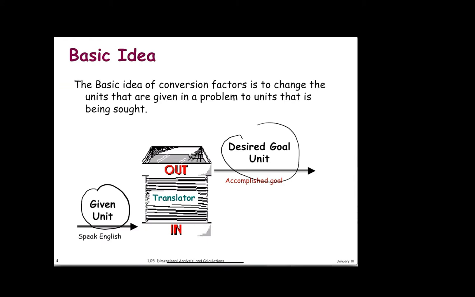In the process of answering that question based on the data that you receive, you've got to go through this translator in order to do that calculation. The translator takes one set of units and converts it, based on the confines of the question, to the desired answer. So that's the whole idea. It's like a box where you put in the information and you get your answer at the end. Okay.